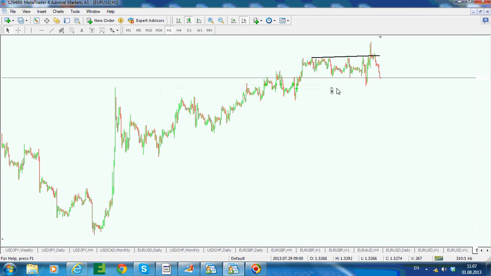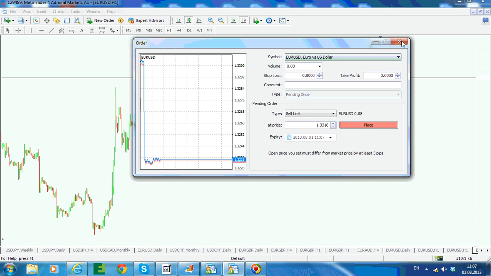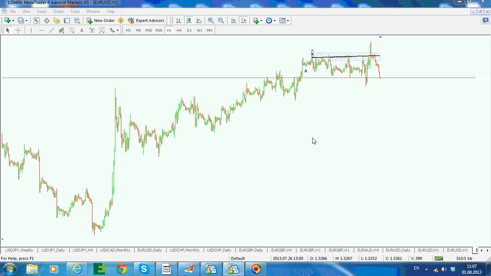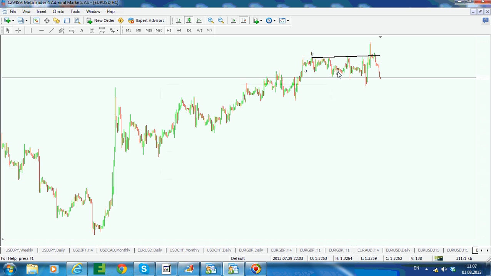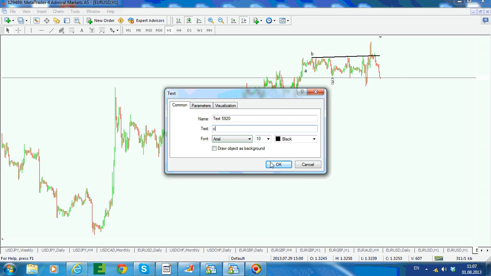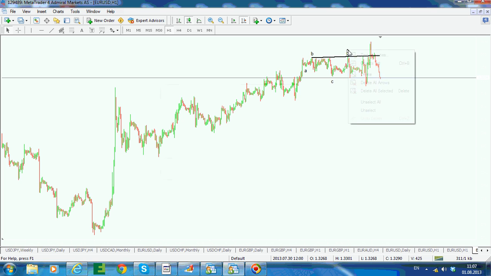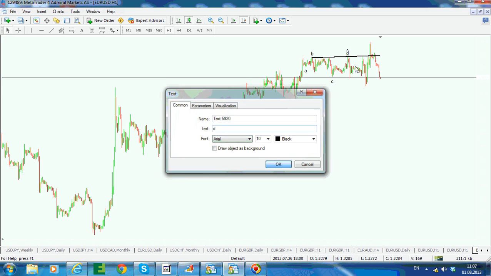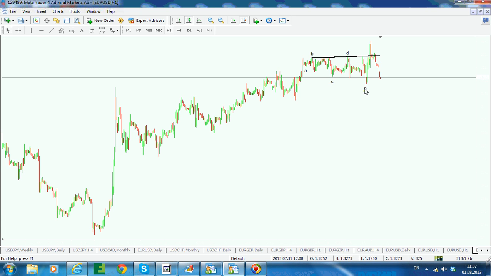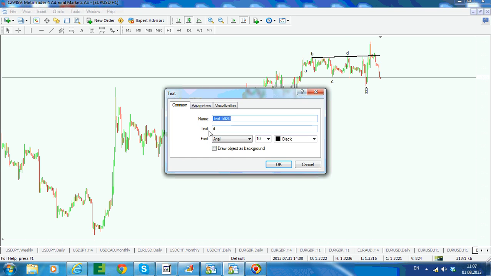So this is A here, so A, then a B wave, then a C wave to the downside, D, so A, B, C, D, and E wave here, and there you go. This is your contracting triangle.